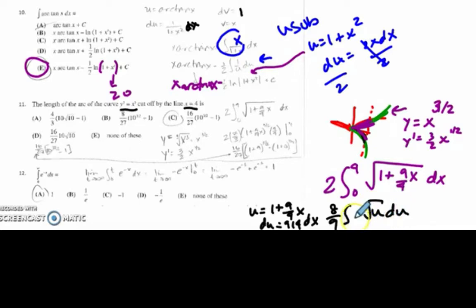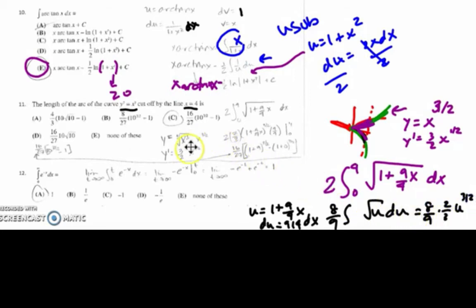And then my limits of integration are going to change, or it looks like what I did in this work here is that I converted back with u substitution, which is fine. So I will integrate root u. I have 8 ninths, and that integrates to u to the 3 halves times 2/3. So 2/3 u to the 3 halves.